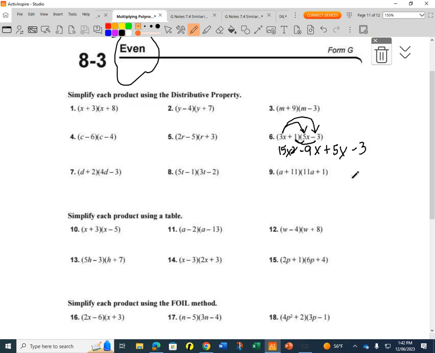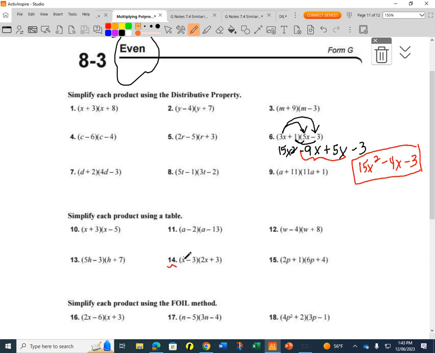Binomial times binomial, we're going to start out with 4 terms, and we're going to combine those middle terms. So it's going to be 15x squared minus 4x minus 3, right? So the first and last terms are going to stay the same most times, and the middle terms are going to combine. We're going to do 14 next, Aiden, is that right?